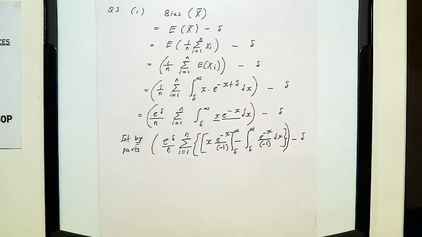I know it kind of looks complicated. Are you guys with me or not? I just applied integration by parts. And you must have learned it a long time ago, guys.